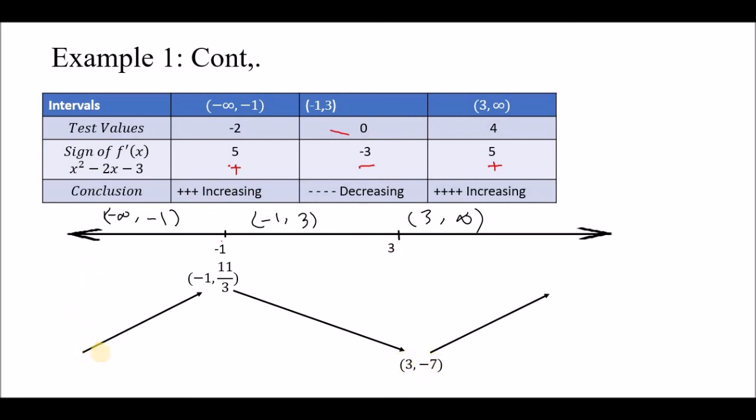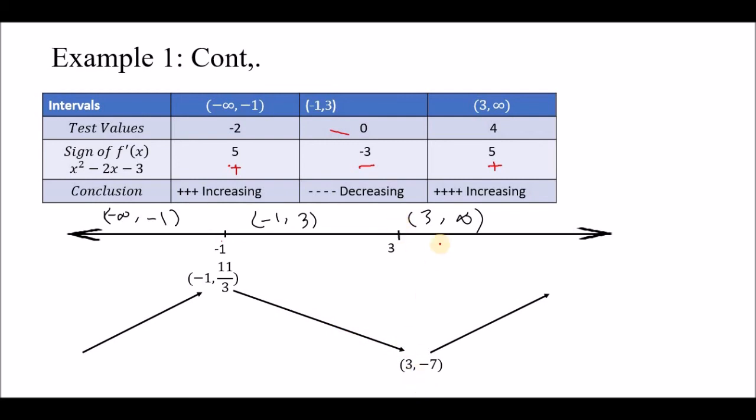Here I made an illustration, so I know that on the interval from -infinity to -1, the function is increasing, so I drew a tangent line that is going upwards with a positive slope. And then on the interval from -1 to 3, the function is decreasing, so I drew a line that is going down.